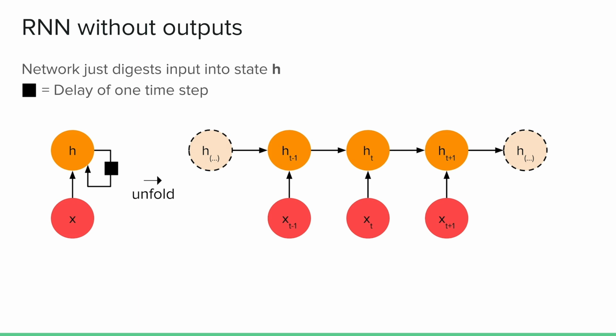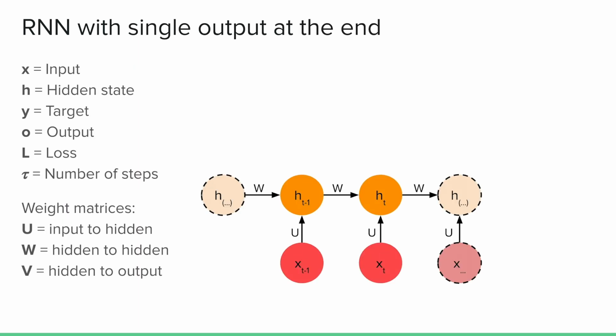We start with an initial value for that, and then we feed it through our network, and with each time step we process this and feed that hidden state to itself in the unfolded graph. We can have a single output at the end. So what we can do here is summarize our input and digest it into one representation.